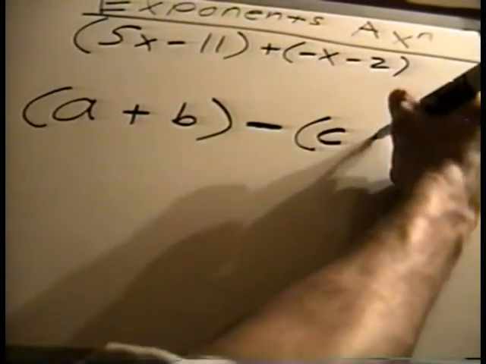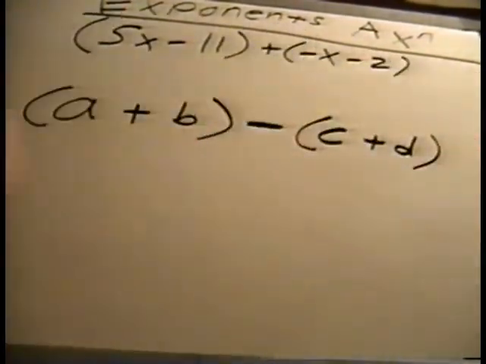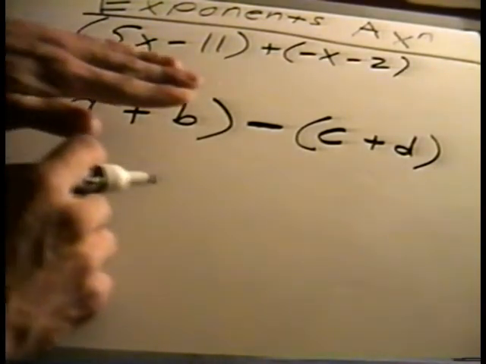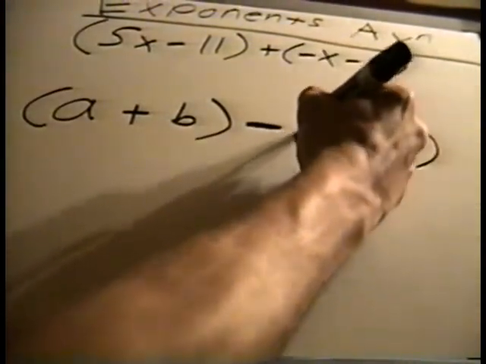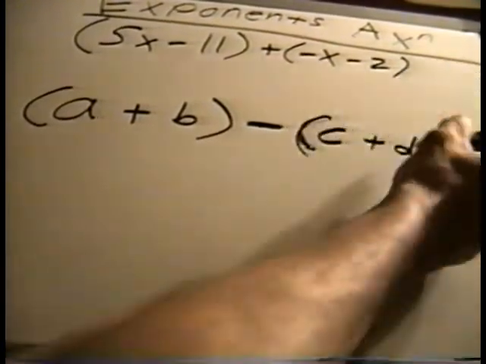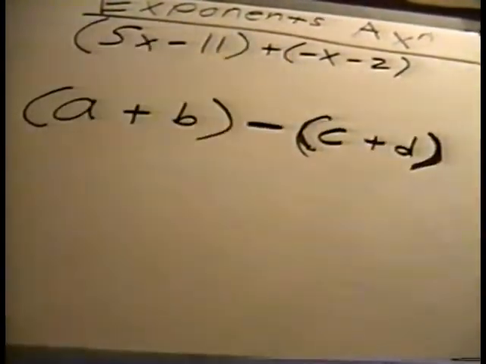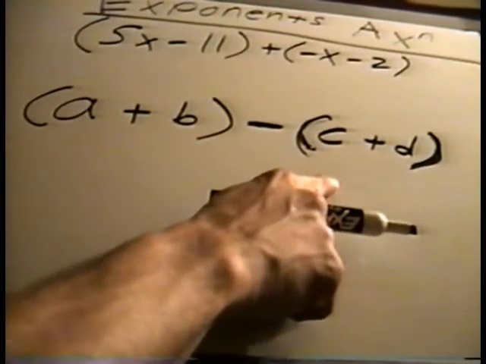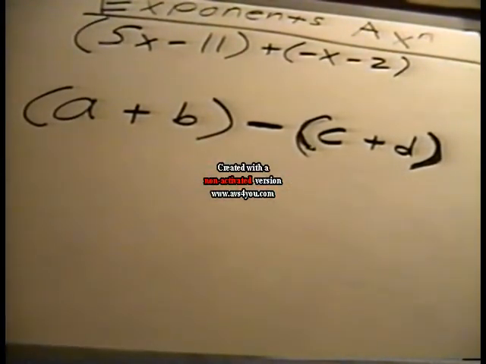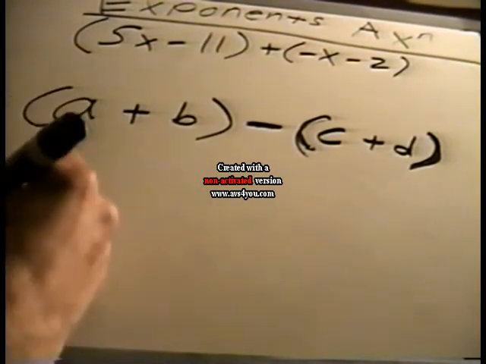But in reference to these terms here, they're unlike, because they have different degrees or powers for the variable. Here, the degree is 1 for the variable. Here, the degree is 2 for the variable. So basically, just add the numbers and attach the variable. So 9 plus 4 is 13. So you get negative 13x squared.